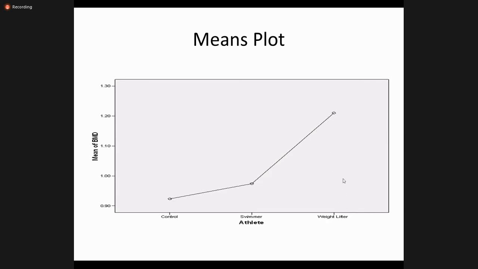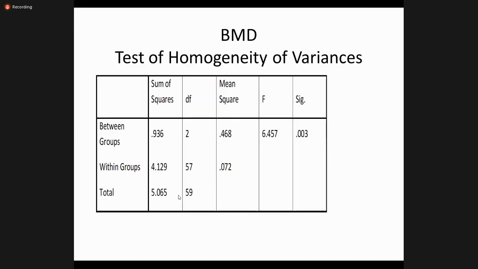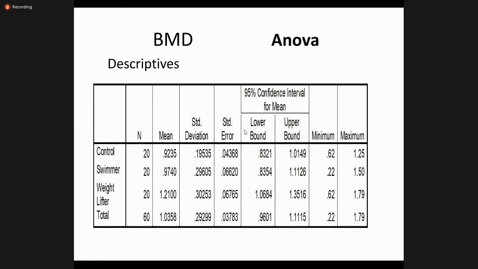So weightlifters' BMD levels are much higher than the swimmers and the control groups. So you can see how the ANOVA actually points out which group has the differences. So if you have any question, please chat with me regarding today's topic.